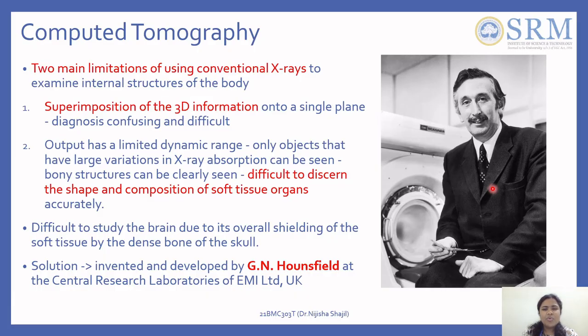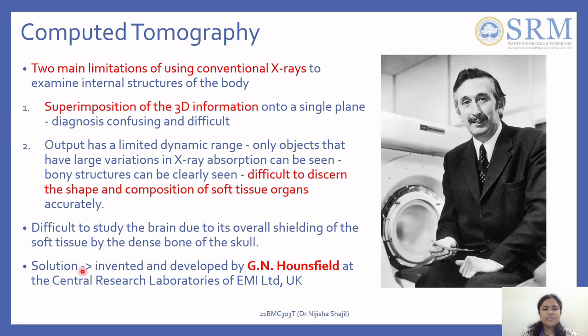Because of this, it becomes difficult to discern the shape and the composition of soft tissue organs. The brain cannot be imaged because when you send the X-rays, the skull attenuates them. Totally, you will not be able to image the brain. Only the bony structures can be imaged.